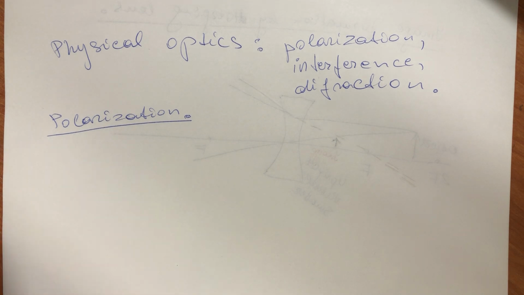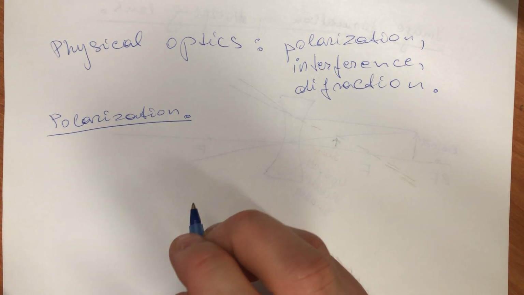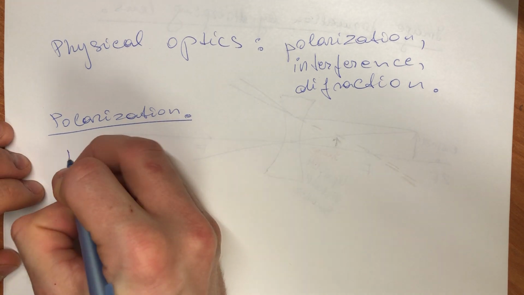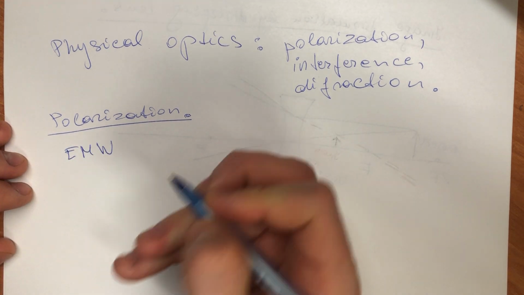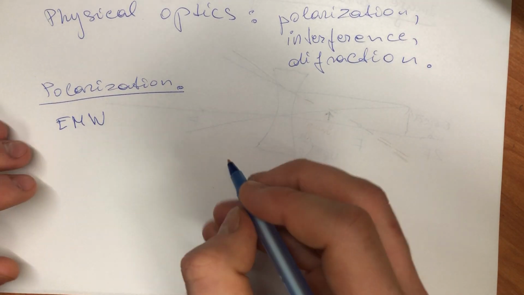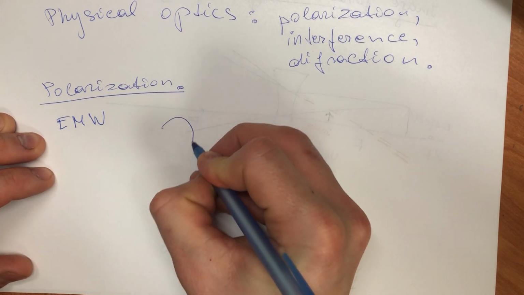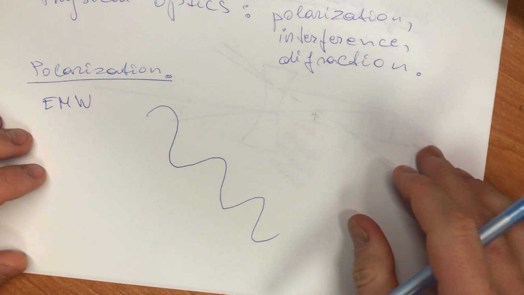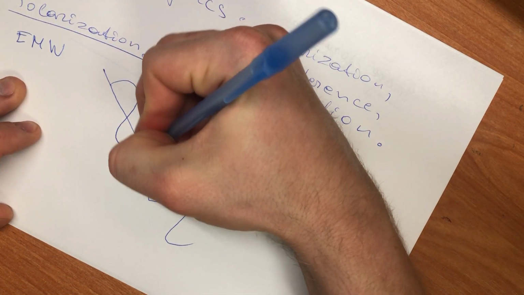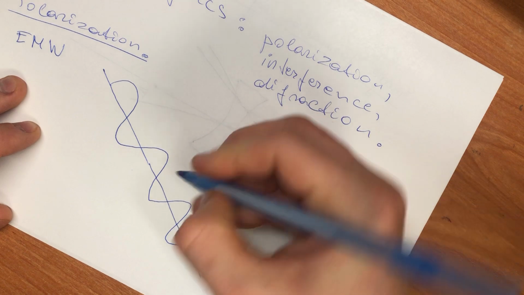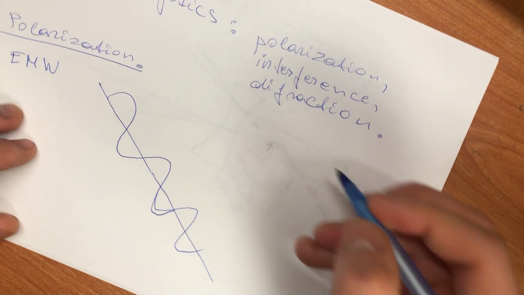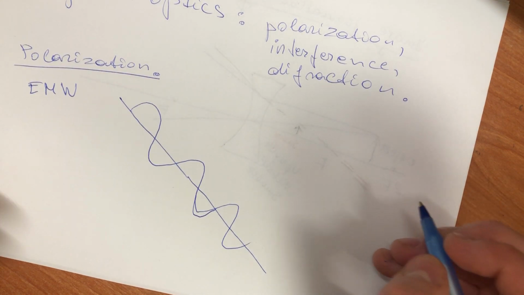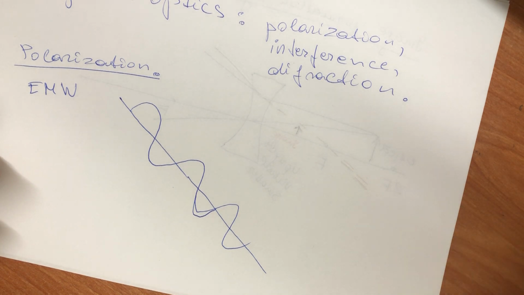So this is the definition, and how to understand this definition is that an electromagnetic wave consists of magnetic and electric fields.